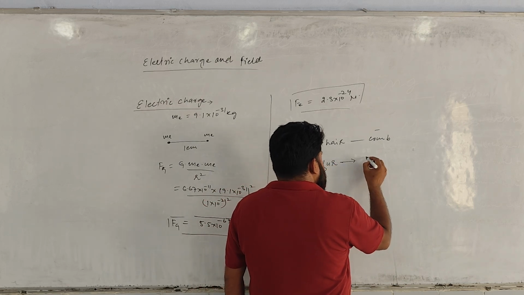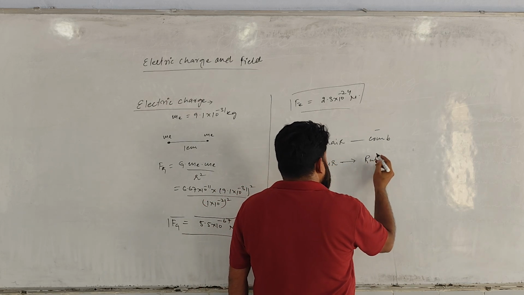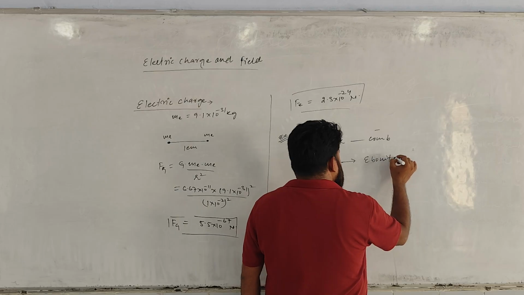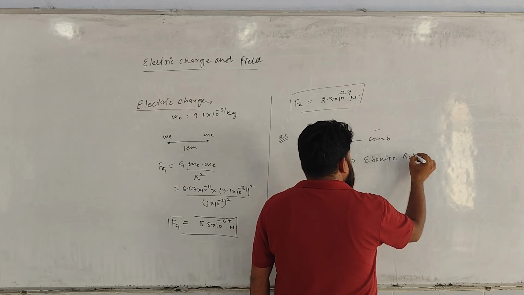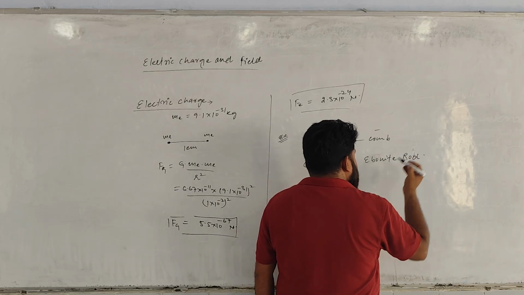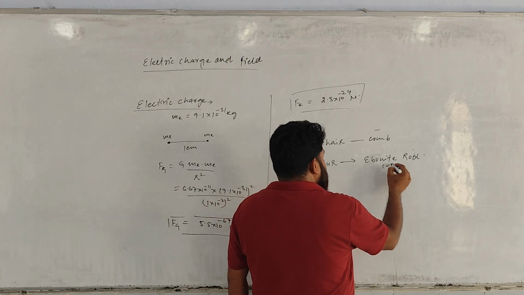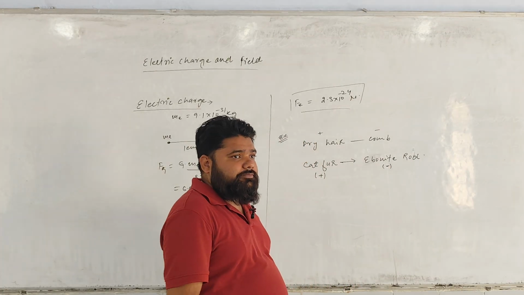On the other hand, if we rub cat fur with a rubber or plastic ebonite rod, the cat fur becomes positively charged and the ebonite rod becomes negatively charged.